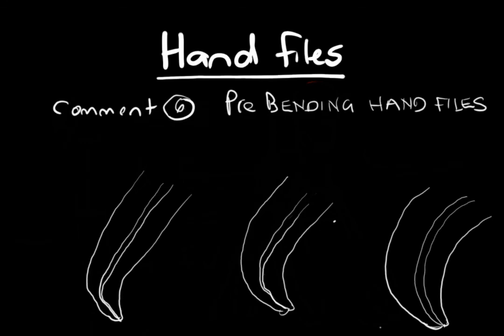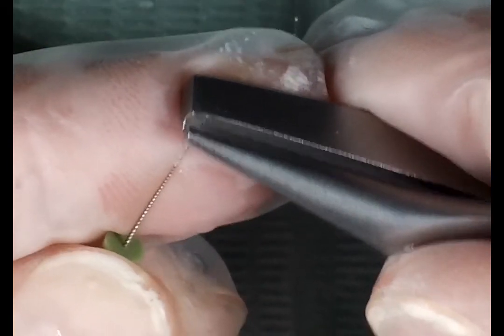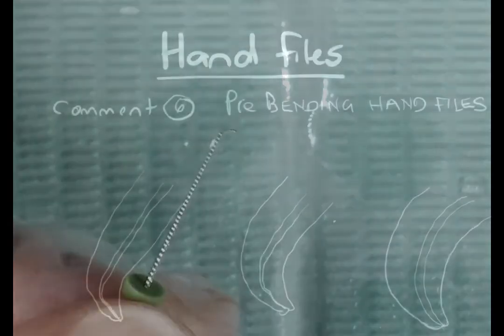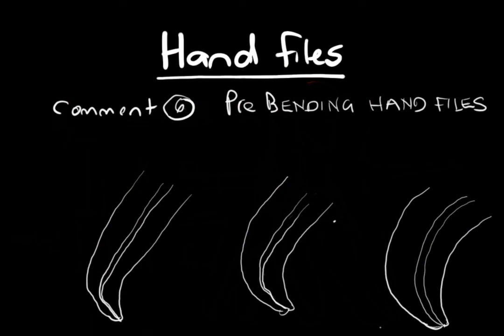When we look at pre-bending of hand files, and you look at these 3 roots, 1, 2, and 3, you can see the curvatures are very different in each canal. So as you work down the first, you've got a very sharp apical kink. Maybe this is 1 to 2 millimeters from here to the minor foramen.